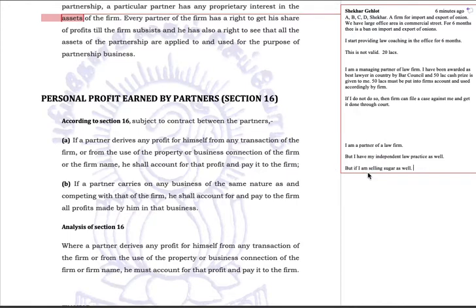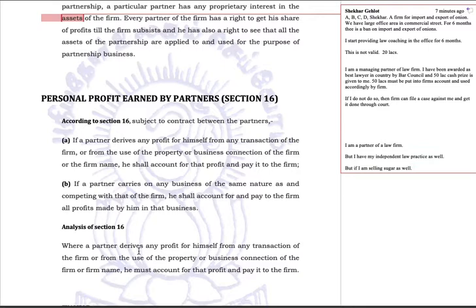Law practice and selling sugar are not of the same nature. So when I make a profit in this way, then the firm is not entitled to this profit, because I am not competing in the same business. I am doing some other business, and the firm is not entitled to take my profits just because I am a partner of the firm. No. This is my own independent business separate from the partnership firm.